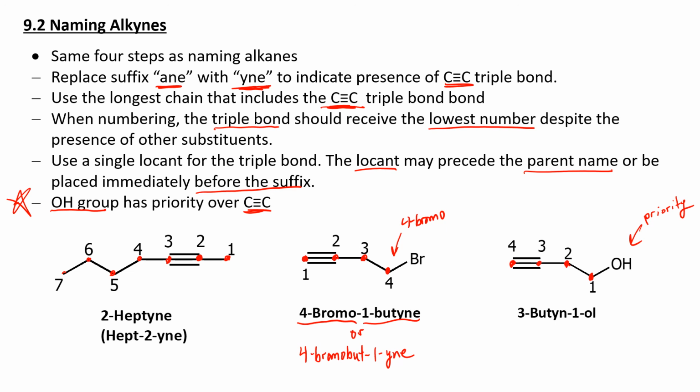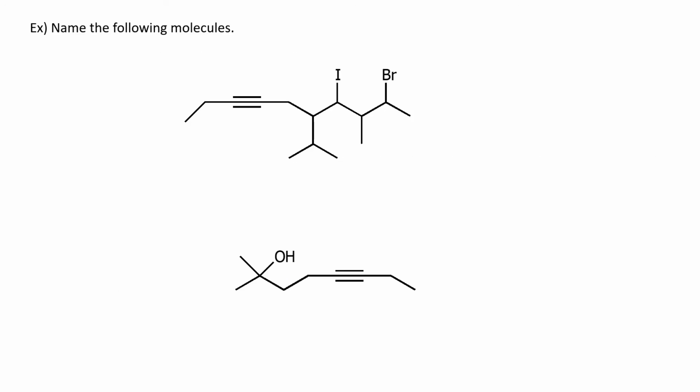That gives us a 3-yne, so 3-butyn-1-ol, or we could have said but-3-yn-1-ol. All right, you can pause the video and give these a shot. When you come back, I'll give you the answers.